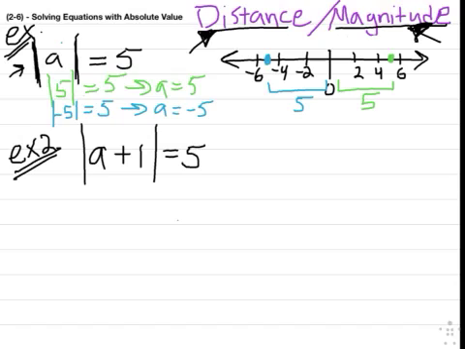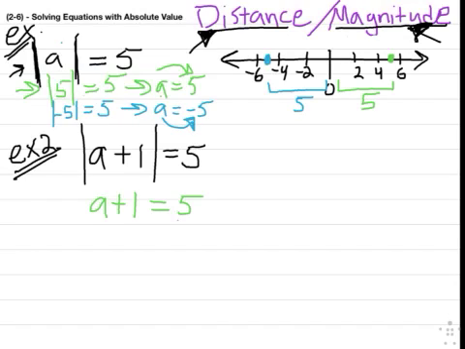So that's the basic understanding. Maybe it helps a little bit. Let's move on to the next one. How do we actually solve these things? We can look at the absolute value of A plus 1 equals 5. In the first example, A could be 5 or A could be negative 5.